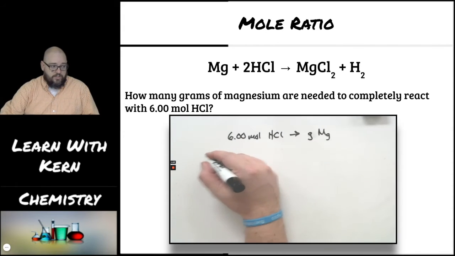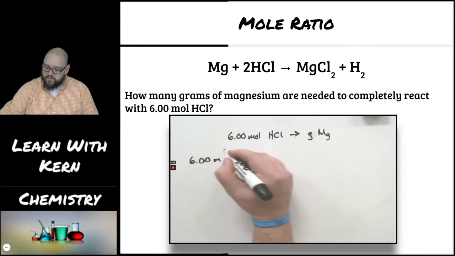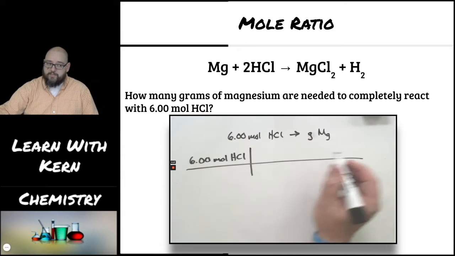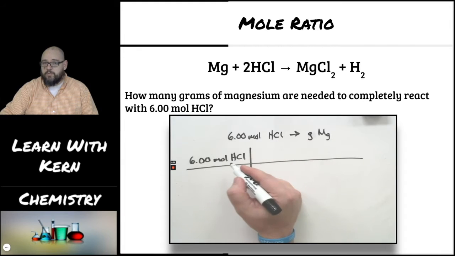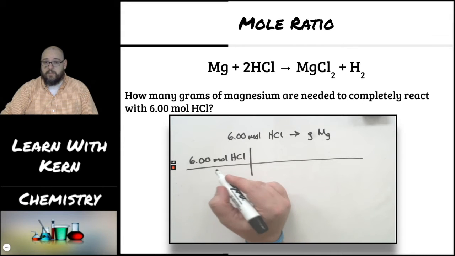So again, just like any other conversion, I start with what they give me in the problem, 6.00 moles of HCl. And since I'm doing stoichiometry, I have my balanced chemical equation, so the first thing I'm going to do now is convert to moles. Well, it's already moles, so I don't have to convert to moles. So now my next step is to set up my mole ratio.